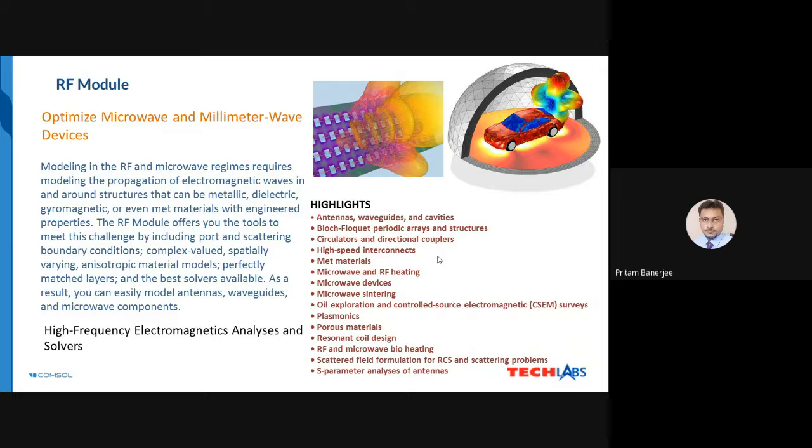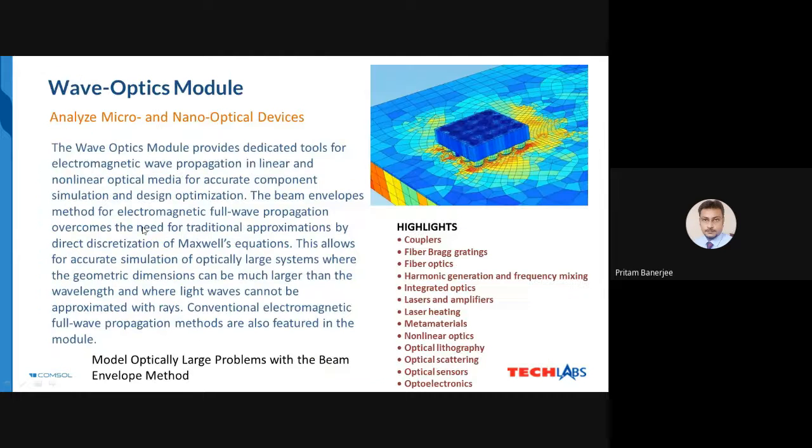Mostly any kind of antennas could also be designed, whether a horn antenna, dipole, folded dipole, logarithmic antenna, helical antenna, whatever the antenna structure, patch antenna, all those antennas could be designed. And we could go for the analysis where the S parameters, the radiation pattern, near field, far field calculation, everything could be taken into consideration. So specifically for RF simulation, microwave and millimeter wave, the RF module will be applicable.